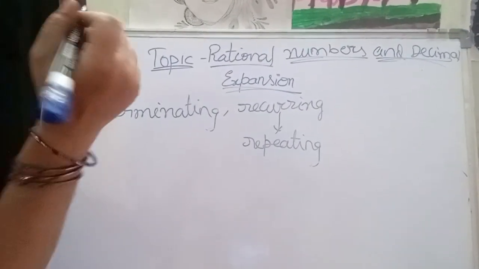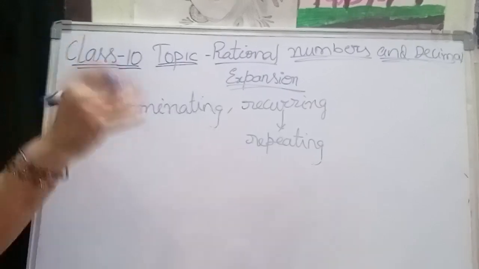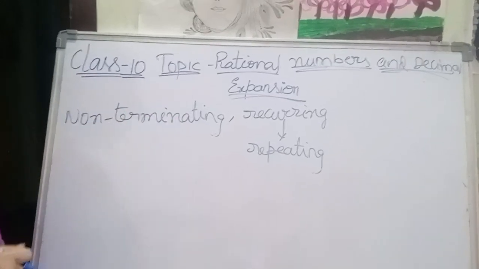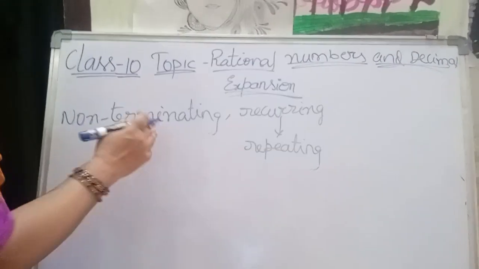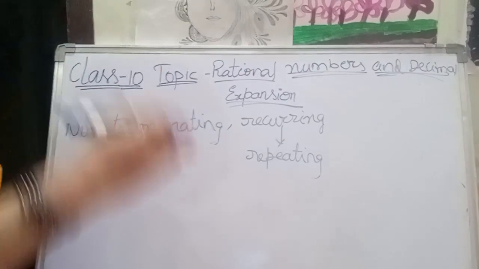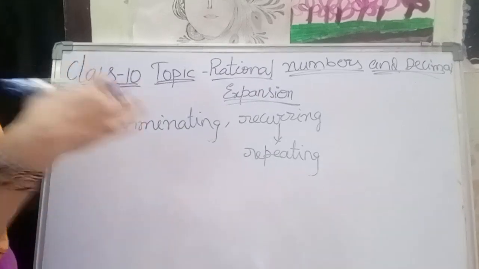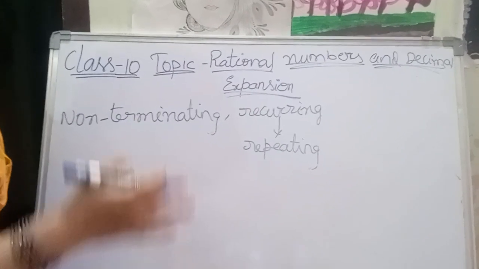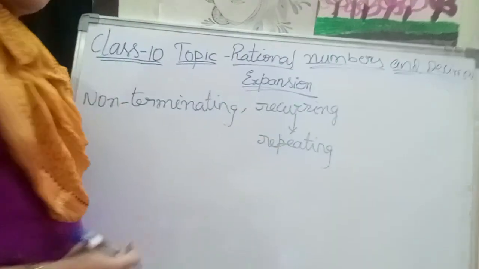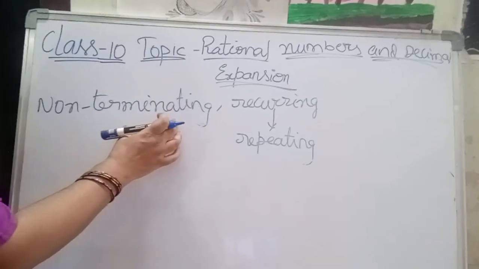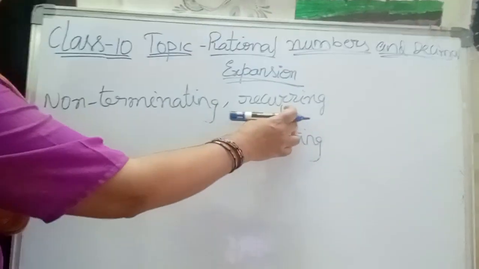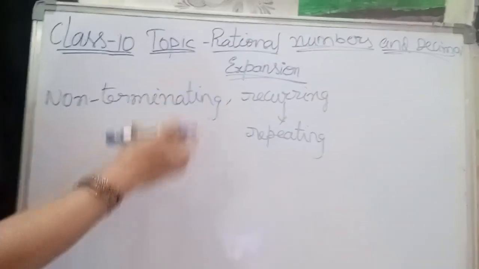Recurring is nothing but repeating. Let us take one example directly. First of all, non-terminating means what, ma? Terminating is stop. Termination means stop. Non-terminating means it won't stop anywhere. And recurring means repeating. It won't stop and the number repeats. This type of decimals also exist.